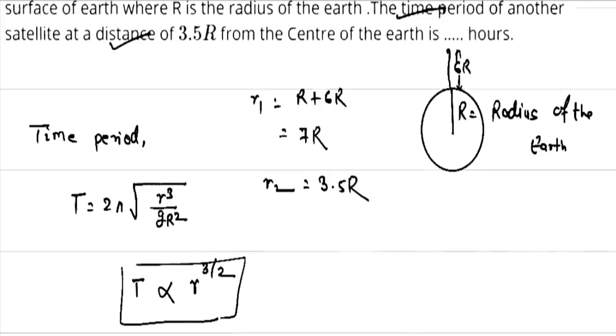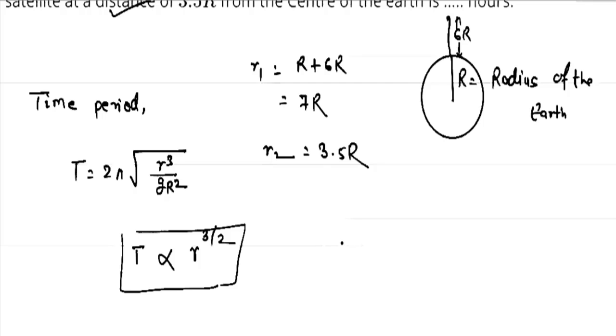So T1 by T2 is equal to R1 by R2 raised to the power 3 by 2.